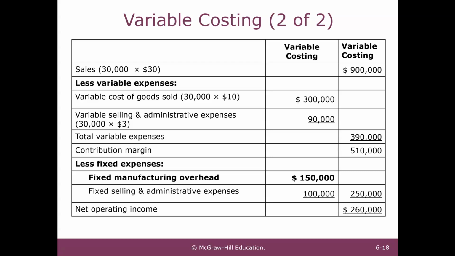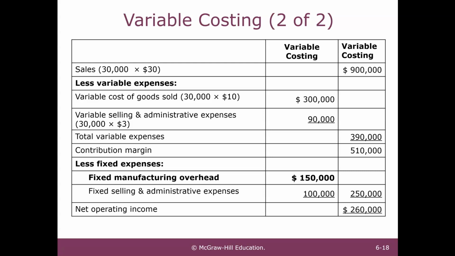In year 2, your net operating income ends up being $260,000. With our increase in sales and then our variable cost of goods sold and our variable selling expenses gives you a contribution margin of $510,000. Subtract the two fixed expenses, this is the same that we did for year 1.